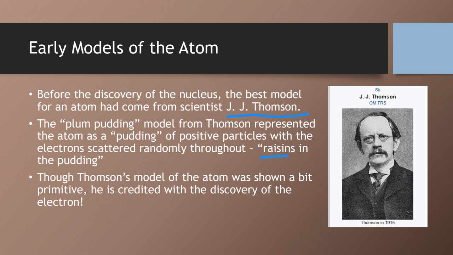This was a dated representation, because when I was young I had never heard of what plum pudding was, so I'm sure you haven't either. But the idea is just that it was a mesh of positive and negative charges. The only difference between what Thomson did from others was the electrons were individual things.